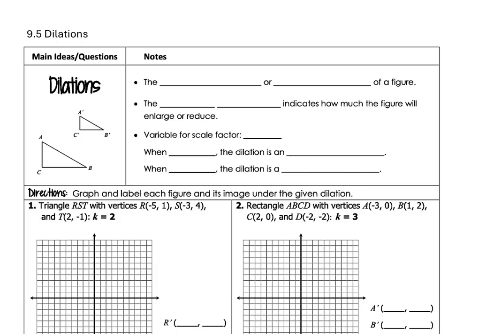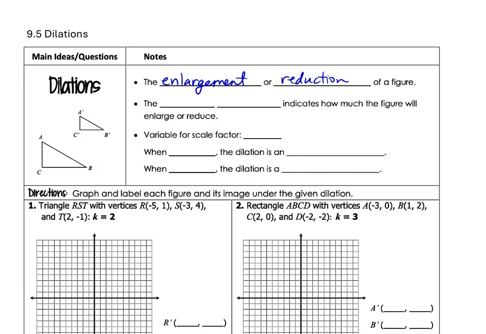His eyes, right? So your pupils can dilate, which means they can grow or shrink, depending on which direction you're going with it. That is going to create an enlargement or a reduction of a figure. Okay, so it can grow or it can shrink.